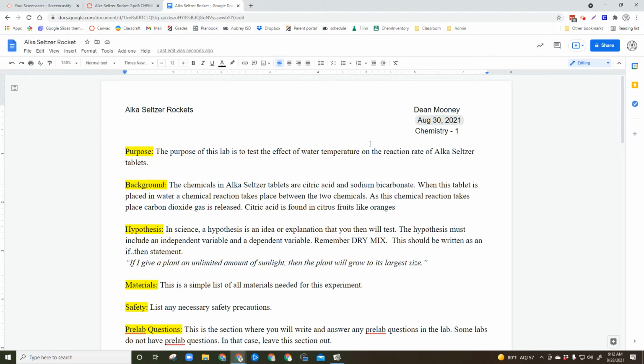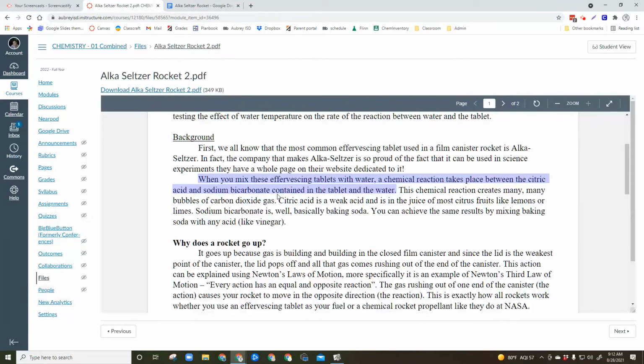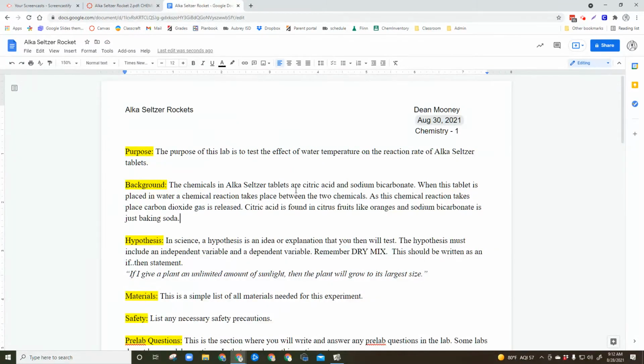Okay. Citric acid is found in citrus fruits like oranges, and sodium bicarbonate is just baking soda. Okay. So we don't need to say anything about the reaction with any acid. I mean, you can if you want, but it's not necessary. So we got a lot of information. How many sentences? 1, 2, 3, 4 sentences out of that.